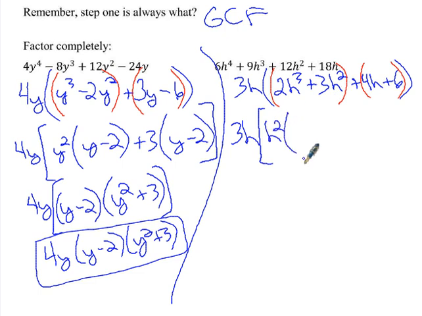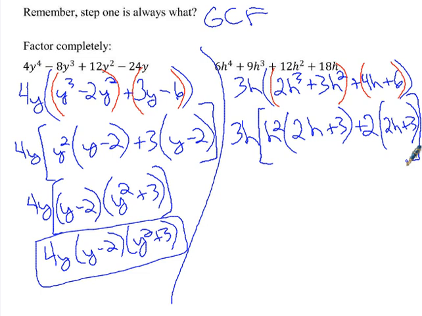Parentheses, 2h plus 3, good. The GCF here is 2, and then what? 2h plus 3 is left over. And then close the bracket.